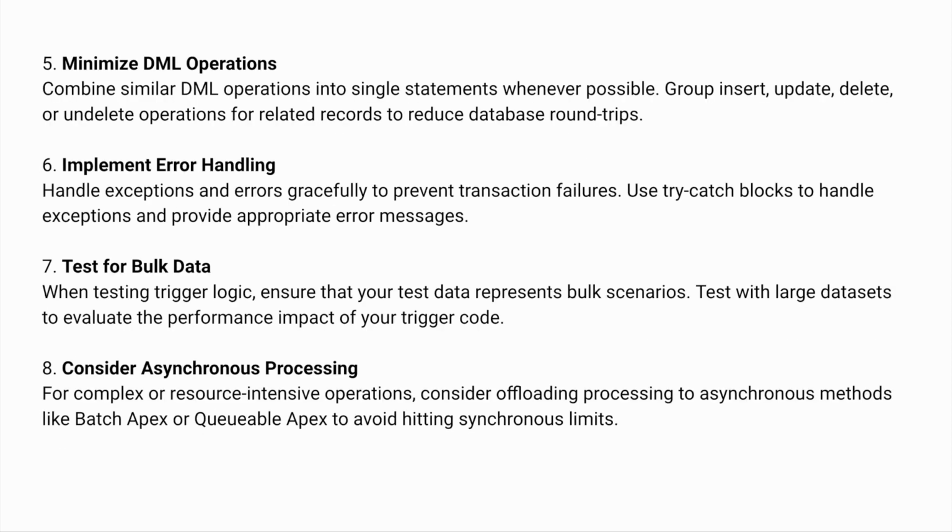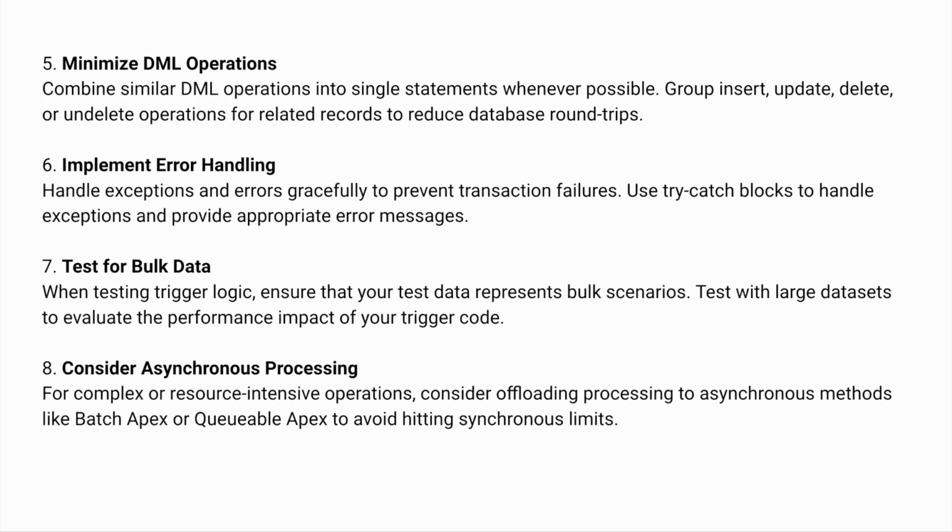Next, we should minimize the use of DML operations. First, that can be done by using collections, and second, we can combine similar DML operations into a single statement. That is, we can group our insert, update, delete, or undelete operations. It will reduce the database round trips and also help with better performance.